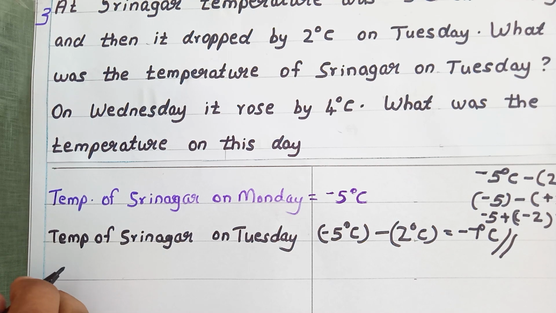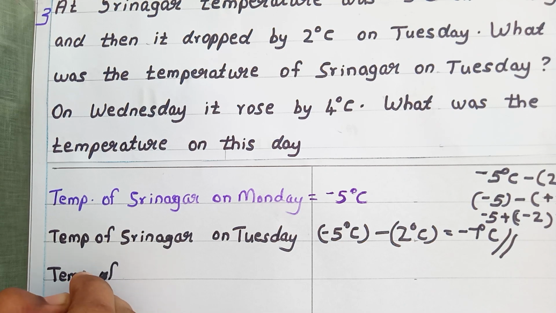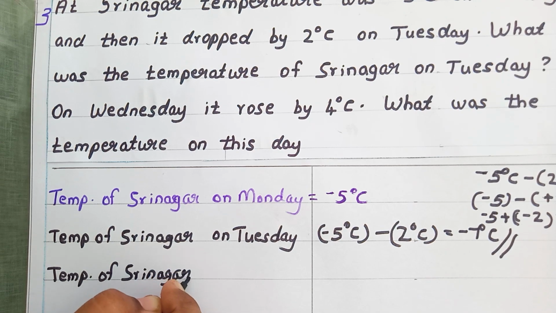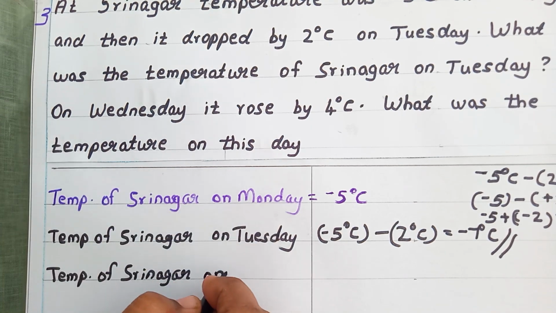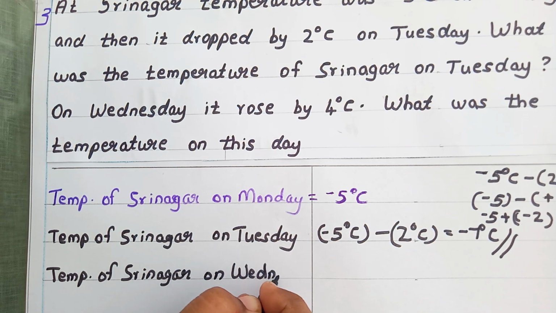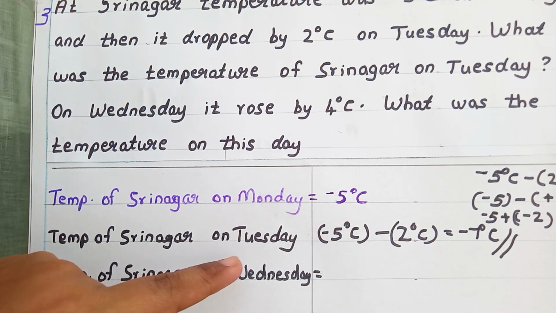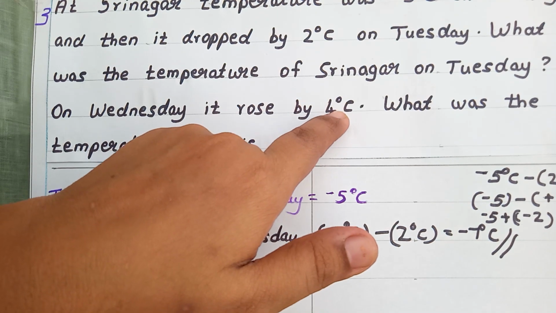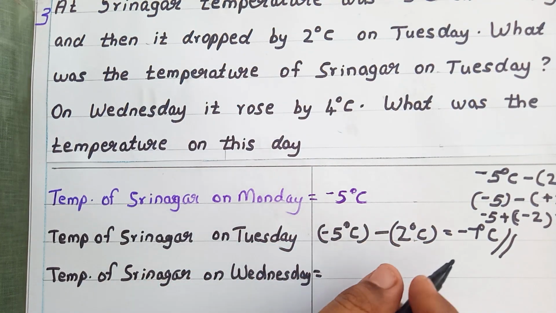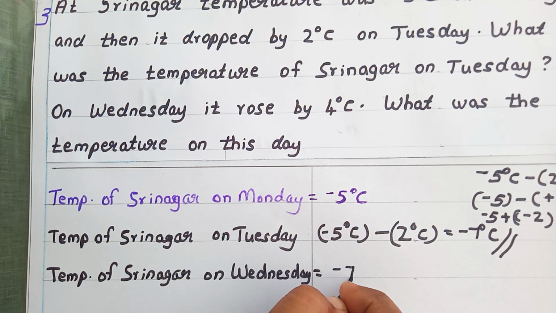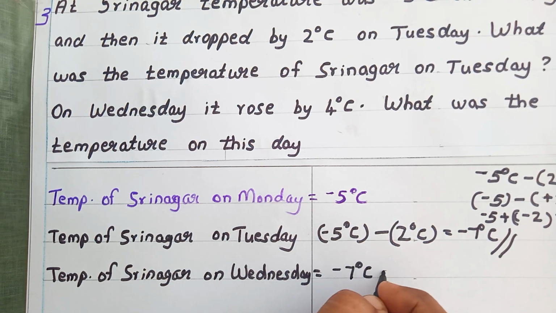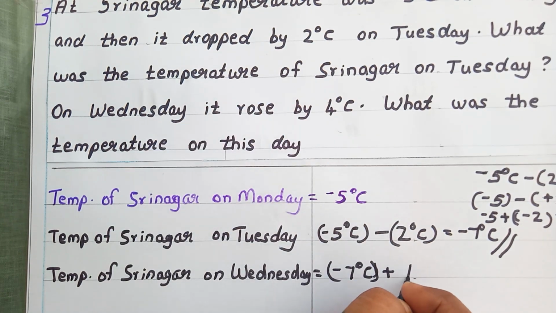So, next step is temperature of Srinagar on Wednesday equal to temperature on Tuesday plus 4 degrees Celsius. That is, temperature on Tuesday is -7 degrees Celsius plus it rose by 4 degrees Celsius.